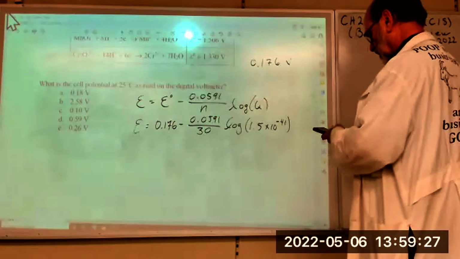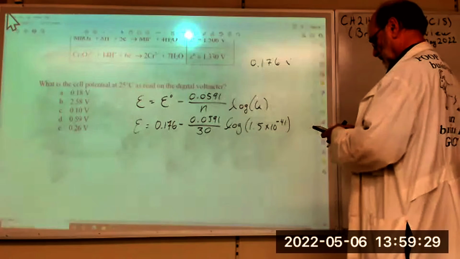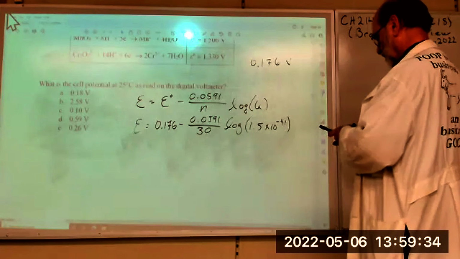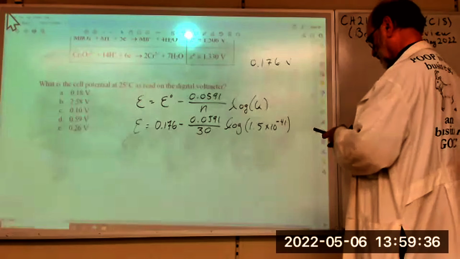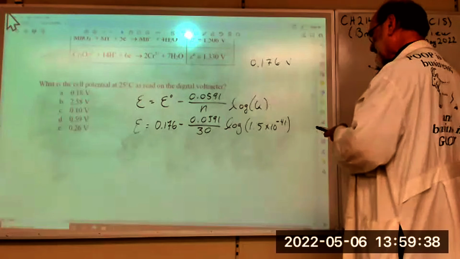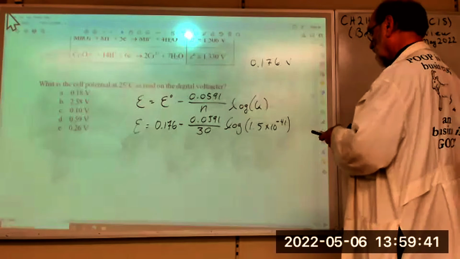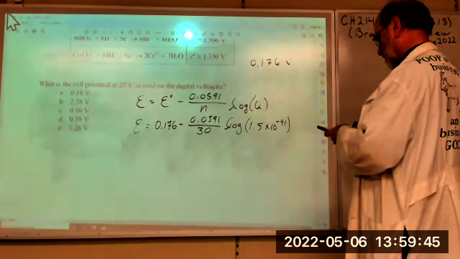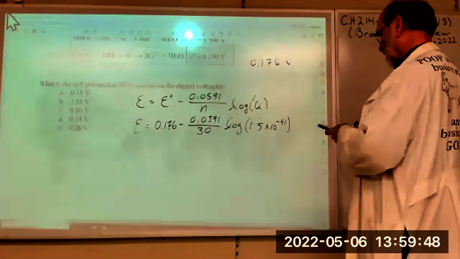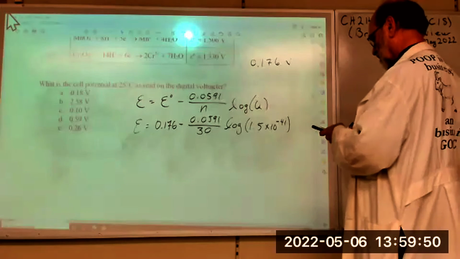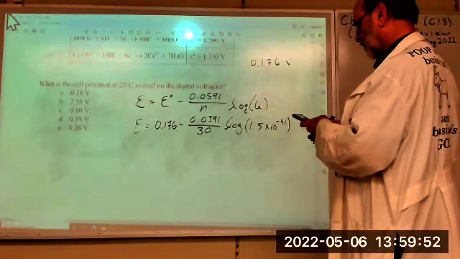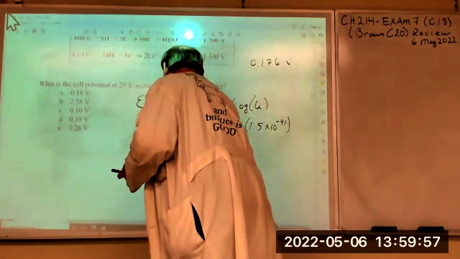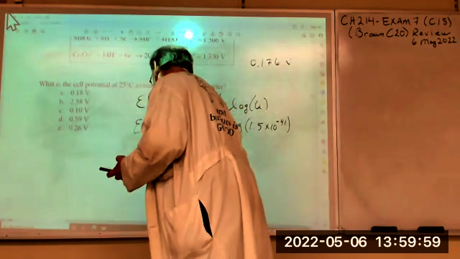Let's see, I'm going to start with the log because it's still in here. So log of that, and then 0.0591 times 30, divide, change the sign, and then 0.176. 0.256 or 0.26 volts.